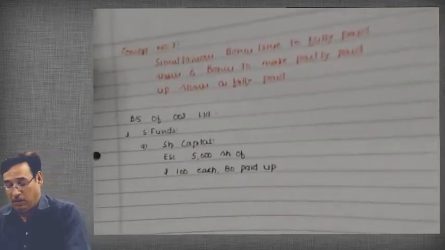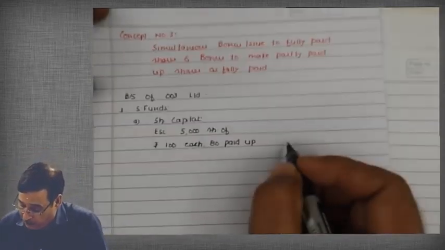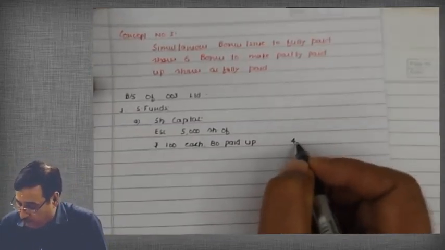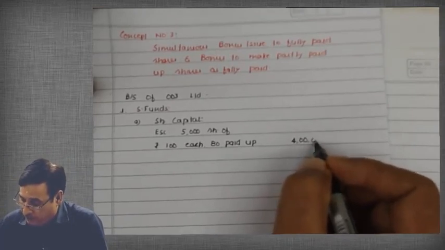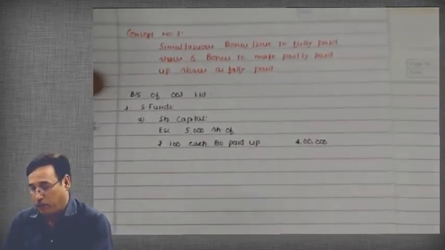Correct. So in the outer column we shall write 4 lakh, 5,000 into 80. Share capital is partly paid up, no doubt about that.